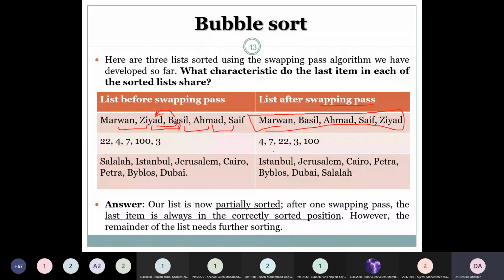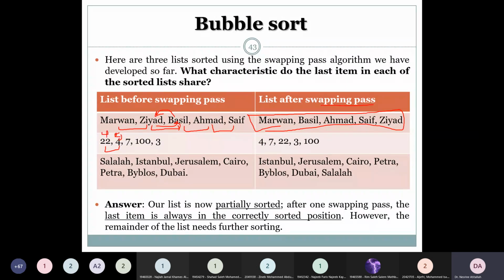Okay, so as you can see here, I don't have a good order. Here Ahmed is not in the right place. Look now at 22, 4, 7, 10, and 3. So I will compare 22 and 4. I will have here 4 and here 22.